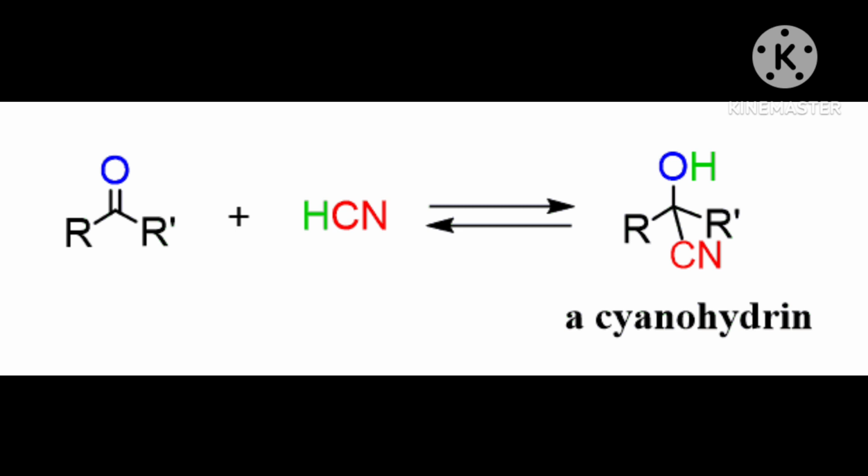And if it is a ketone, now in the place of H another R is there, R dash, both R and R dash, and the CO group is there. If it is a ketone, then this reversible reaction will dominate towards the left side, not the right side, meaning it will try to stay in the form of ketone only.